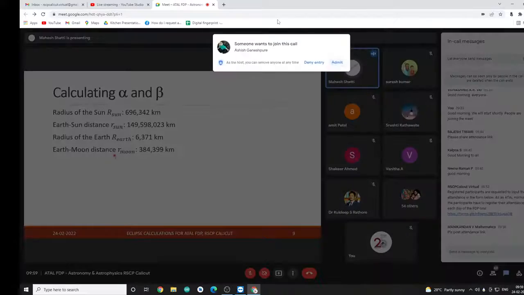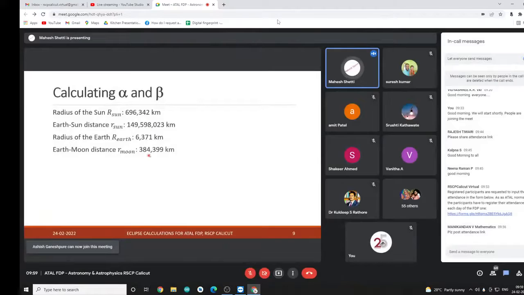Earth-Moon distance. I am taking an average distance over here. The actual values may slightly change because Earth's orbit around the Sun and Moon's orbit around the Earth are eccentric.